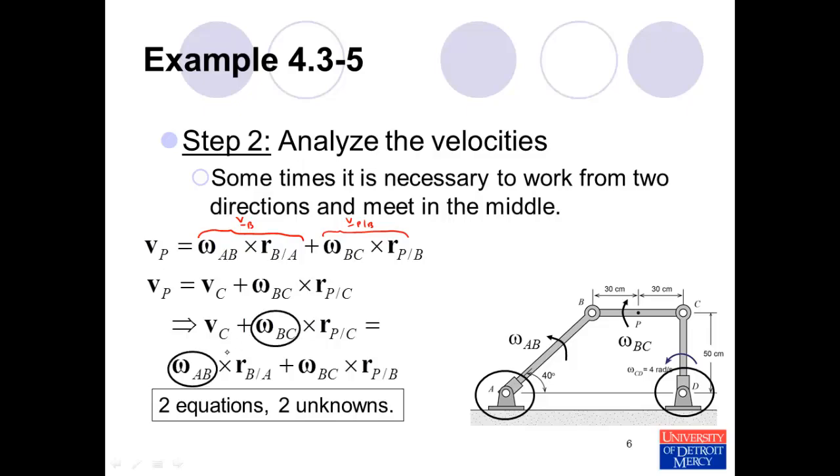So we know VC, we know all the radii. The only things we don't know are the two angular velocities. So looking at this, it appears that we have two unknowns and only one equation. But in reality, we actually have two equations because we have an equation for the x direction and we have an equation for the y direction because these are vectors.